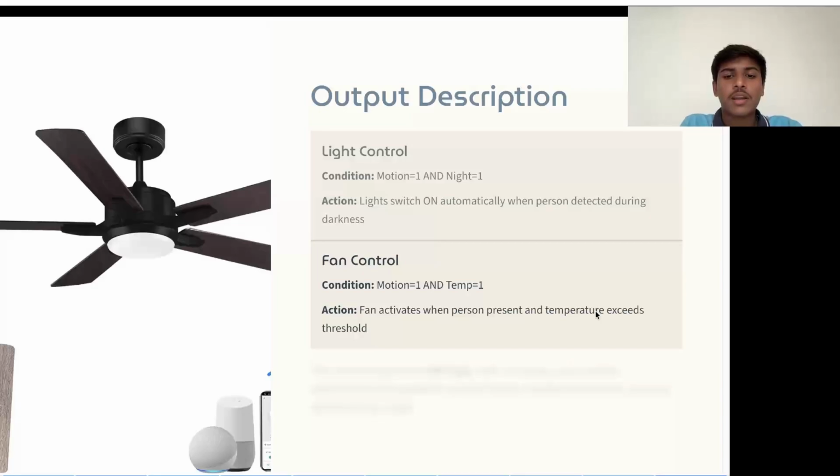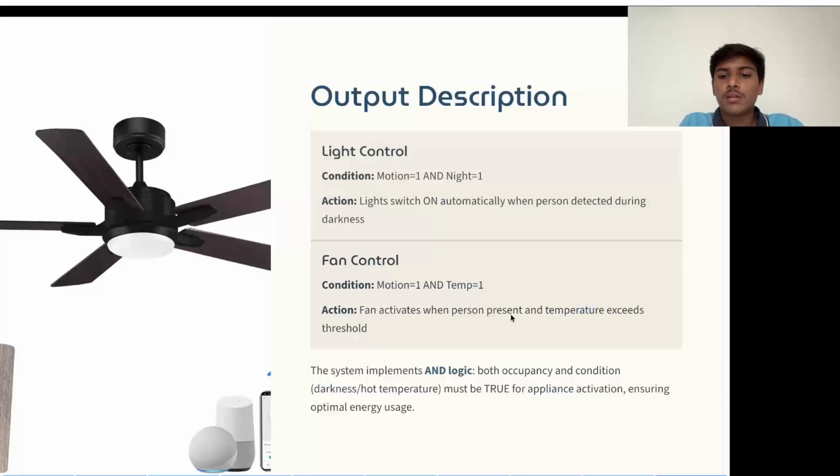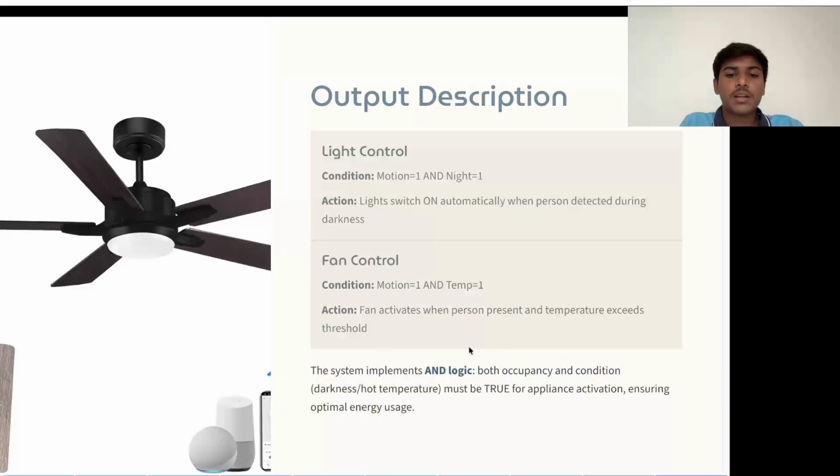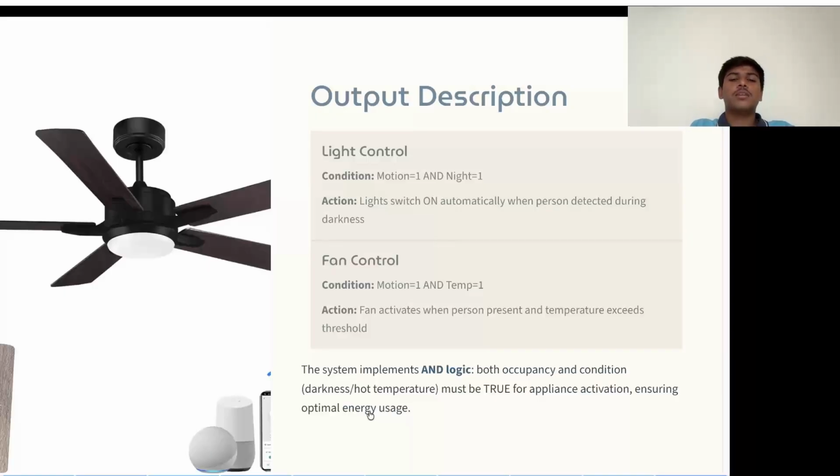And in action, when a person is present and the temperature exceeds the threshold, the fan activates automatically. The system implements AND logic: both occupancy and darkness or hot temperature conditions must be true for appliance activation, ensuring optimal energy usage.